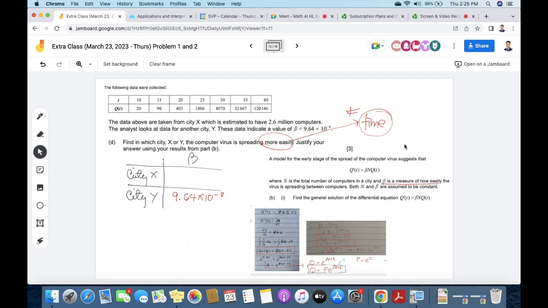Anyone? No one? No one was able to get it?